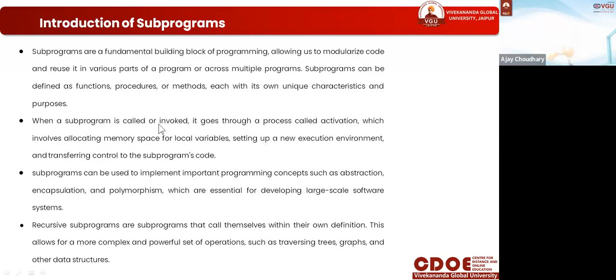So when we invoke, we include the subprogram part in our main function in C. There are some other features in C++, some other features in Java too, so it differs from many other languages. But in C, we just write the main function and use subprograms, methods, procedures, and functions in that main function and we call them.